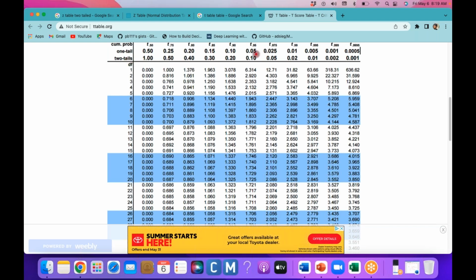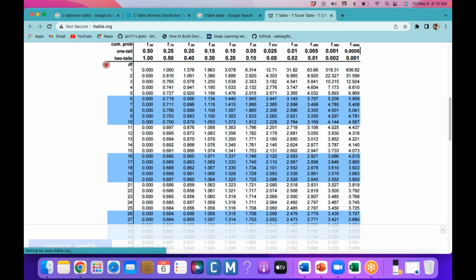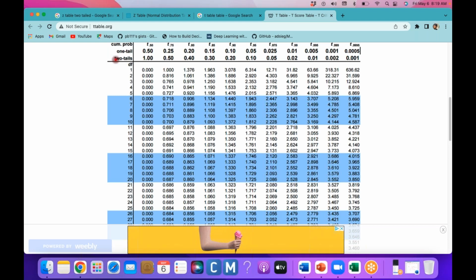For two tail, the alpha value is 0.05 only. If the two tail information is not mentioned and the table is mentioning only one tail, in that situation we have to make alpha by 2. Oh, got it now. Thank you.